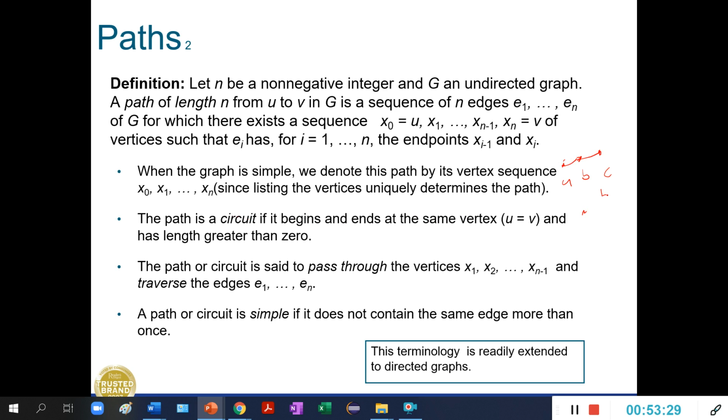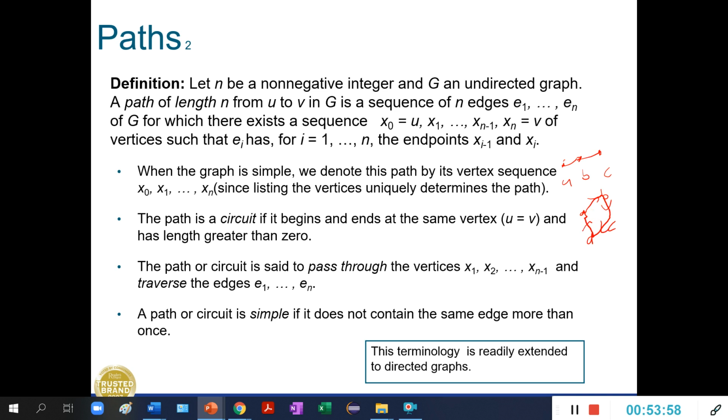So you have A, B, C, and D. Start from A to B, B to C, C to D, and D to A. So this is a circuit, a loop or something like that. Don't confuse a loop, going from the same vertex and terminating at the same vertex, with this. Here you just have the same source and end point. Source is A, go to B, BC, CD, and DA.